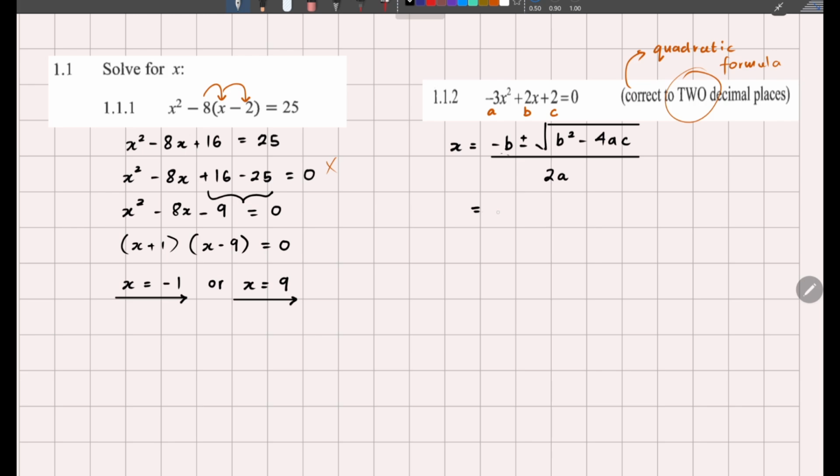Now we're just going to substitute that into our formula. Please do not forget our brackets. Absolutely important for us not to forget our brackets. The B value, as we can see, is 2. The A value is minus 3. The C value is 2. And all over the A, which would be minus 3.